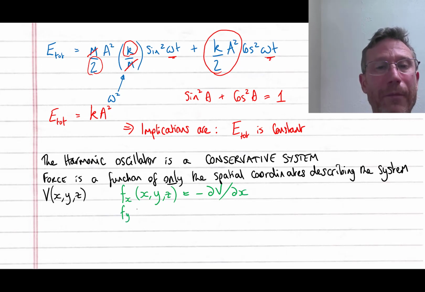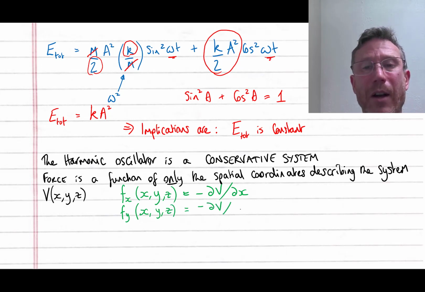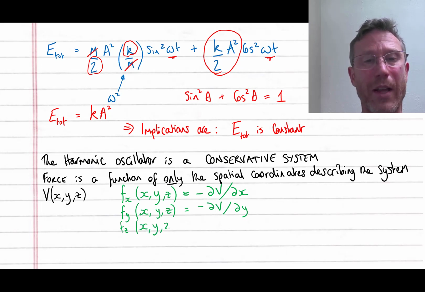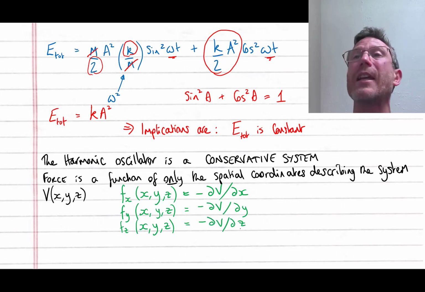Similarly, the force F sub y is also a function of the spatial coordinates, the position of the system. That's equal to minus dV by dy. And you guessed it, F sub z is the force that is a function of the position, the spatial coordinates x, y, and z of the system. That's equal to minus dV by dz.